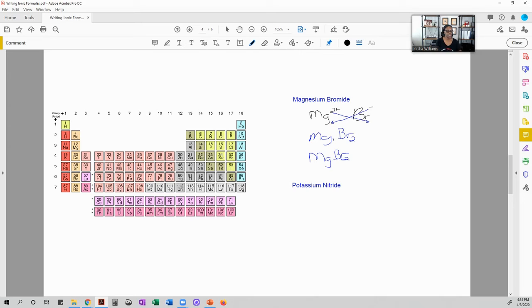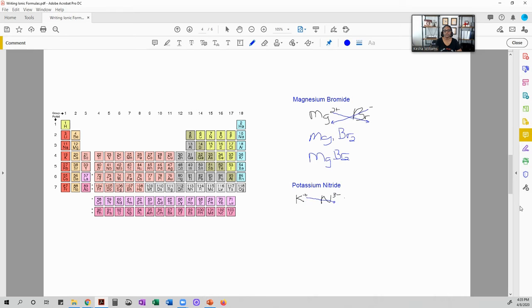Let's look at our second example of potassium nitride. Potassium is in group 1, so it will have a positive 1 charge, but nitride is in group 15, and therefore it will have a negative 3 charge. When we complete our drop and swap, we take the 1 from the potassium, and that becomes a subscript of nitride.